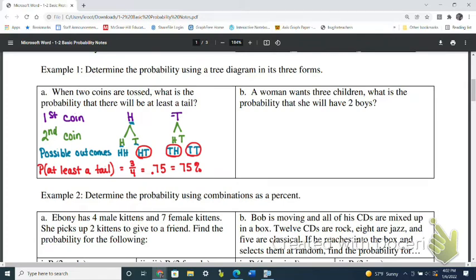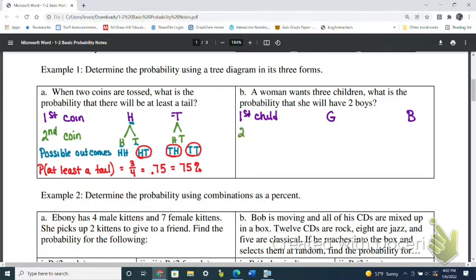Let's take a look at B. A woman wants 3 children. What is the probability that she will have 2 boys? So I have a first child. We can have a girl or a boy.